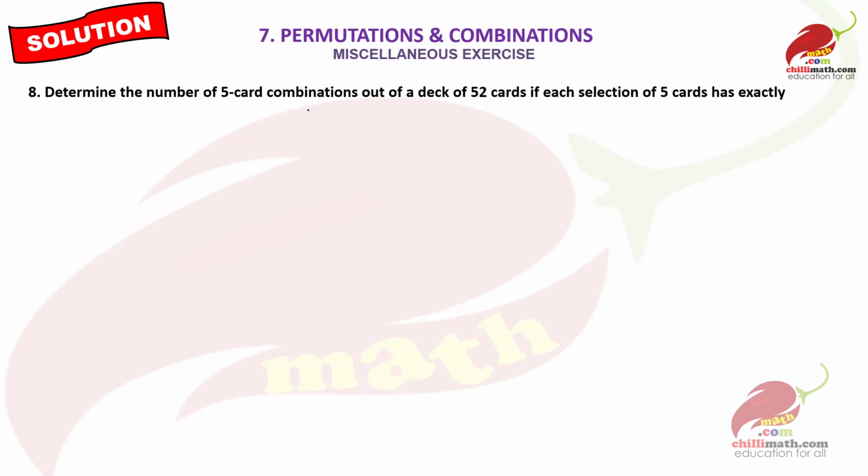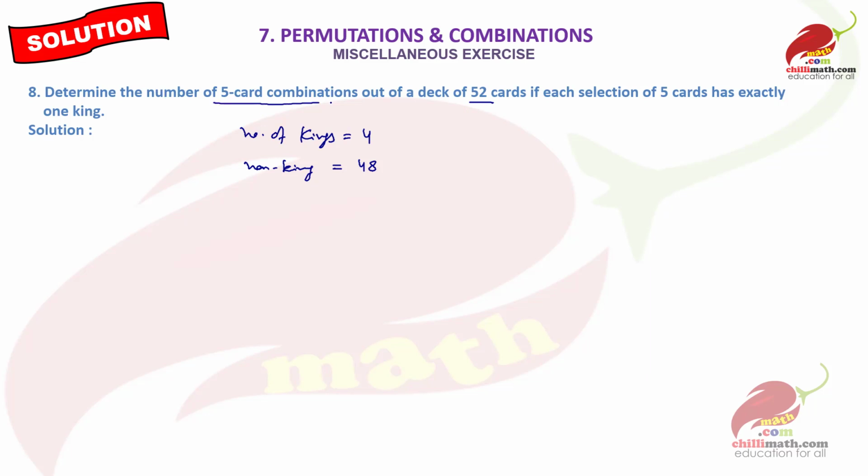Eighth question is, determine the number of 5 card combinations out of a deck of 52 cards if each selection of 5 cards has exactly 1 king. So we know the number of kings in a deck of cards is equal to 4, and non-king will be 48 because total we have 52 cards.